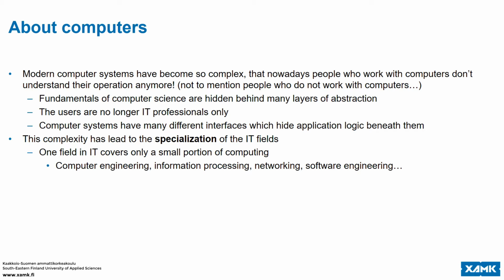So there are many more computers in comparison to 50 years ago. And in addition to having more computers, those computers are much more complex than they used to be. This is because they all have very complicated software packages. They do complicated things.